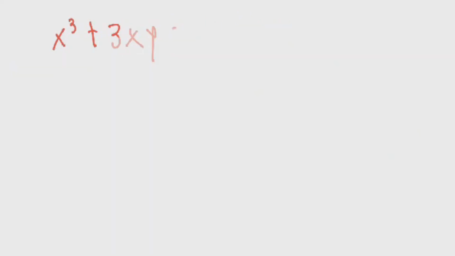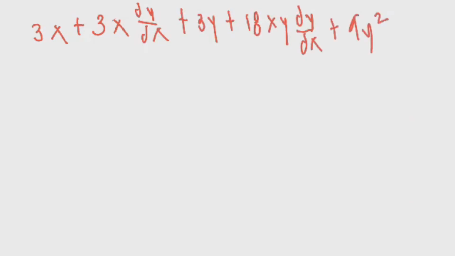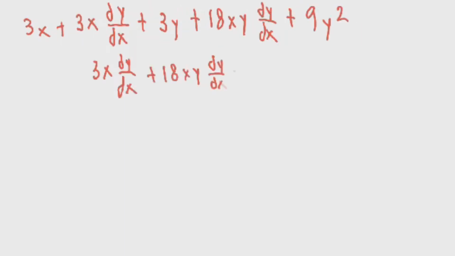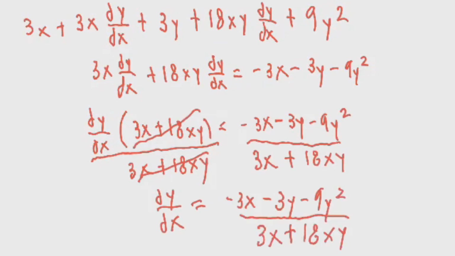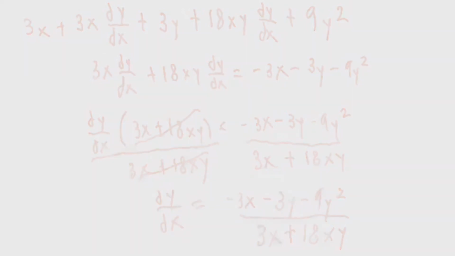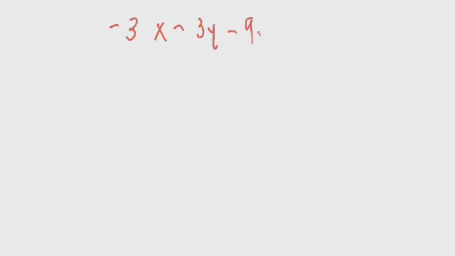So, 3x squared plus 3x dy over dx plus 3y plus 18xy dy over dx plus 9y squared. After that, we just simply transpose and do the following steps, and also simplify our answer.